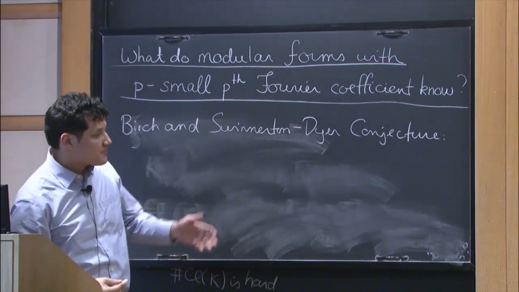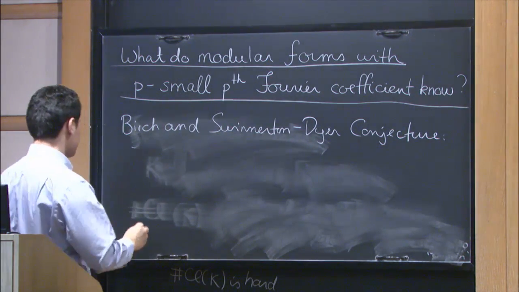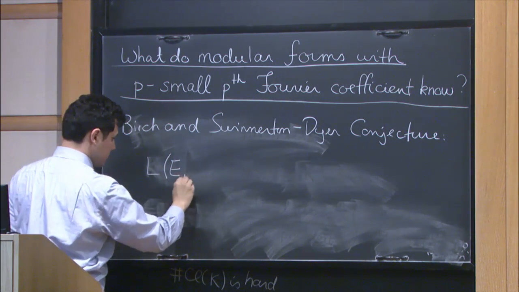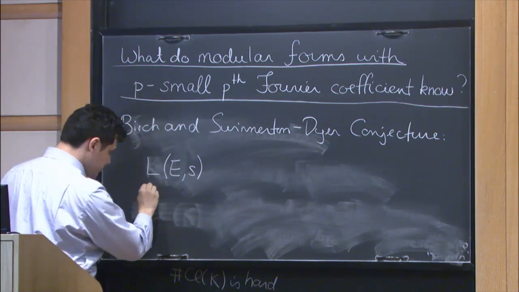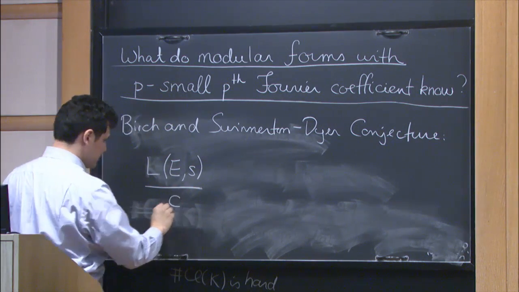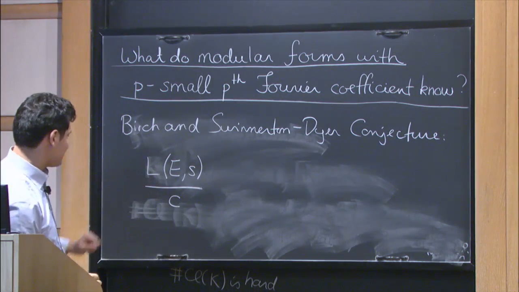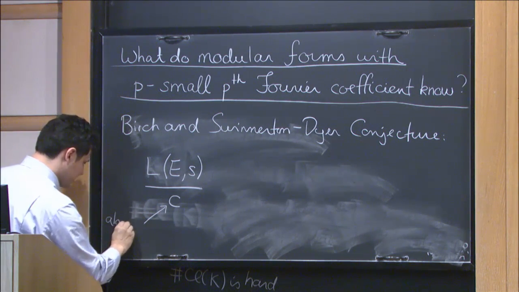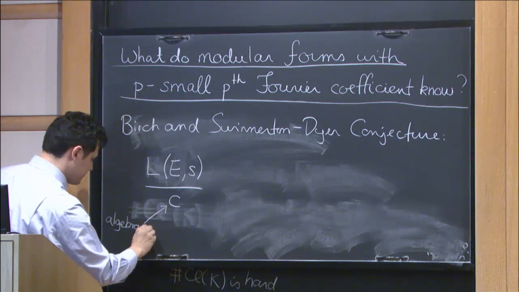And it states that this L function, appropriately normalized, so just write down L function divided by C, where C is some product of certain algebraic invariants, which I won't define.